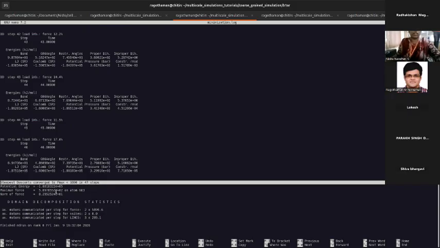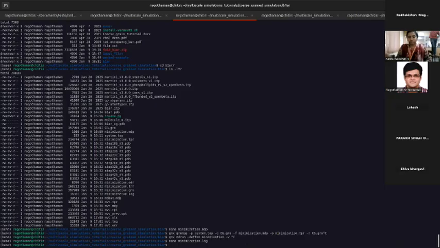This is where the energy converged. And if the energy did not converge, you have to increase the steps. So this line is very crucial in the minimization.log. If it doesn't converge, you have to change the steps and generate the TPR file again and then run the mdrun. If you don't update the TPR file, the changes that we make in the MDP file will not be updated. So that is important.